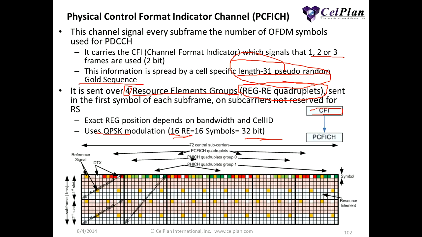Here we show the reference signals, the blank reference signals that are the time when the other antennas are transmitting, and then we show in colors the 4 PCFICH quadruplets. Those quadruplets, shown here in red, are not contiguous.